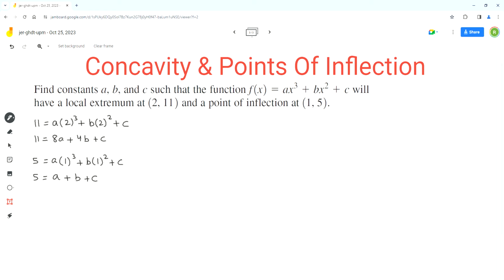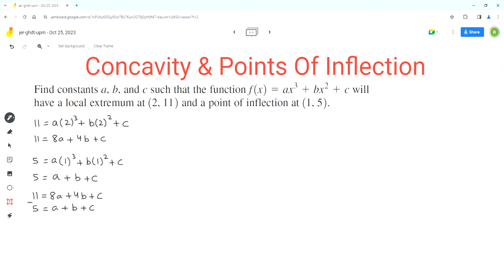Now we can use these two equations with a, b and c to get rid of the constant c. So we can rewrite these two equations. Now we can use the elimination method.